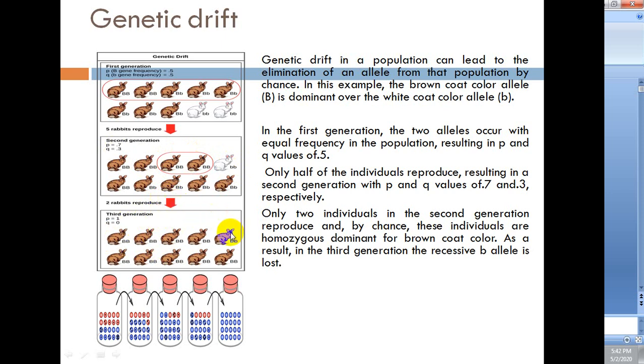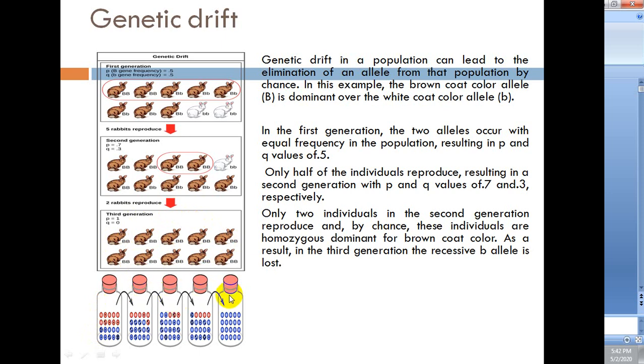All the 10 rabbits have only the capital B allele. That means in the third generation, the allelic frequency of capital B, dominant for brown coat color, is present in all the alleles, and the recessive allele, small b, representing the white coat color, is eliminated from the population. So you can see how this happens.